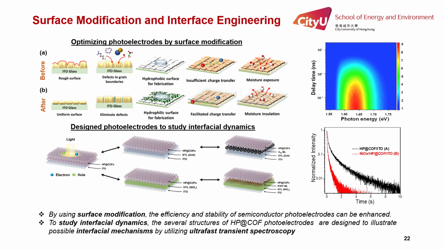For improving the efficiency and stability of a semiconductor photoelectrode, a high-quality perovskite composite film can be achieved by controlling the crystallization, minimizing the pinholes, passivating surface defects, and facilitating charge carrier transfer.